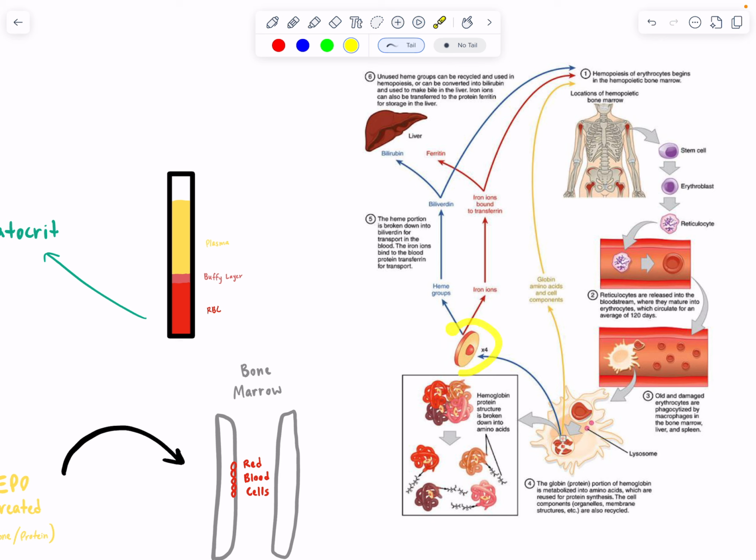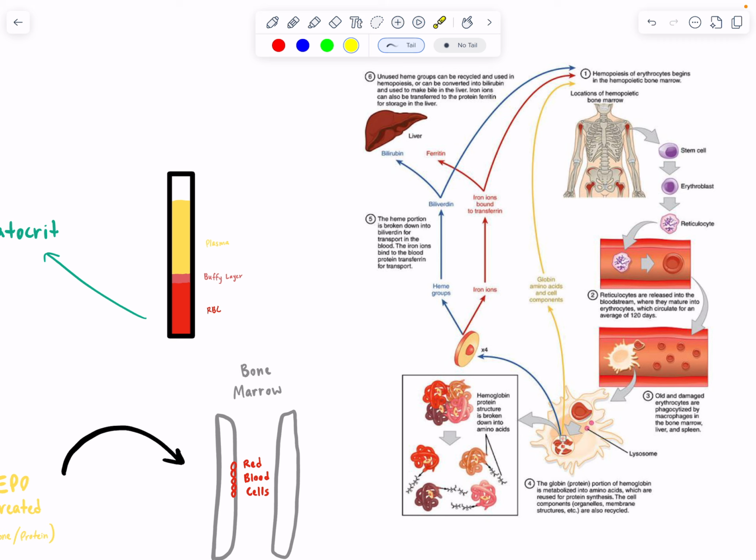Those are then further broken apart. Iron goes to transferrin, and then transferrin gets converted into ferritin, which goes and does things in the liver. I think the main one we need to focus on more, that we talked about more in class, is where the heme group goes.